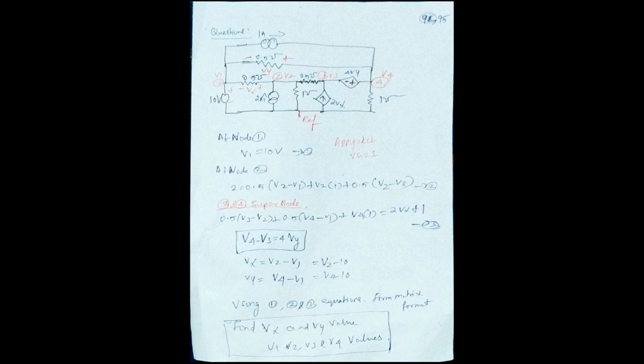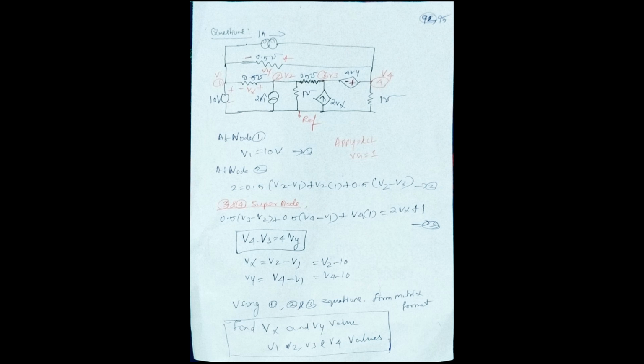So we put 0.5 mho conductance into V3 minus V2. The 0.5 mho conductance depends on nodal voltages V3 and V2, so put V3 minus V2, with a negative sign for opposite direction, plus 0.5 mho conductance.